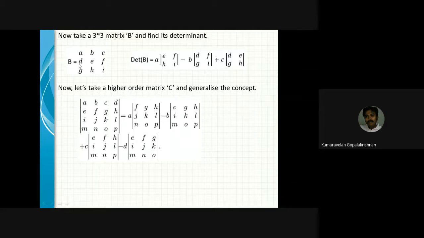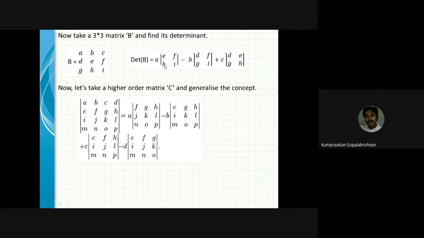The remaining values are D, E, and F, G. I have written D, I, and F, G. Plus, now I want to calculate the corresponding values for C. Leave the corresponding column and its row. So I will get C times D H and E G.